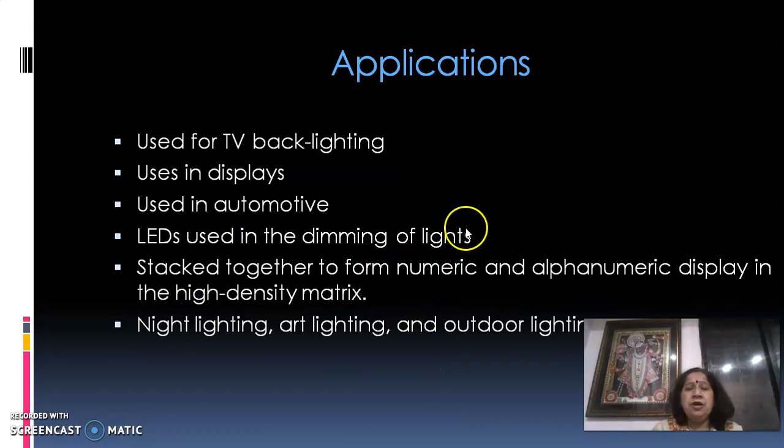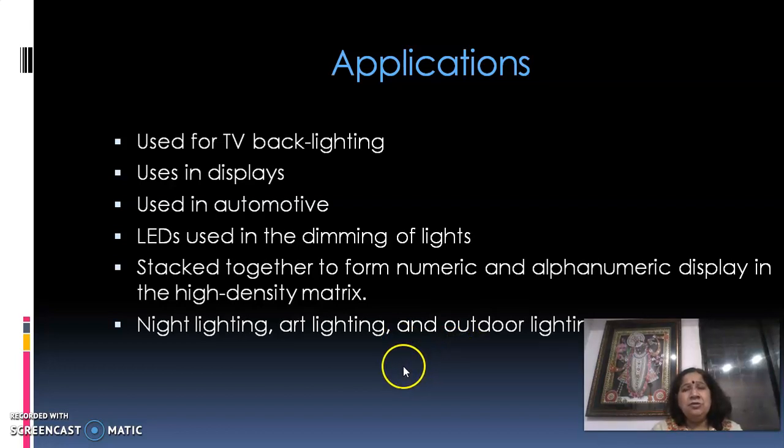Here are a few applications related to LED. They can be used for TV backlighting, displays, automotives, dimming of lights, alphanumeric displays, lighting, and decoration. It has made the world very beautiful because they are used in most decorations, in marriages and different functions.